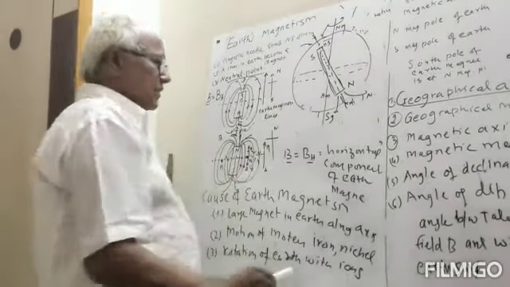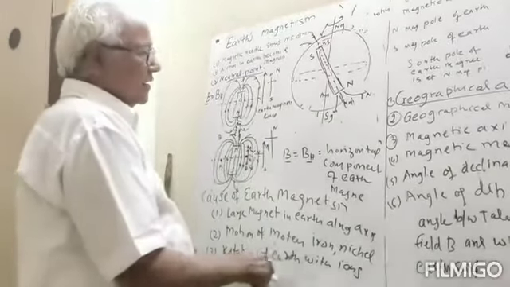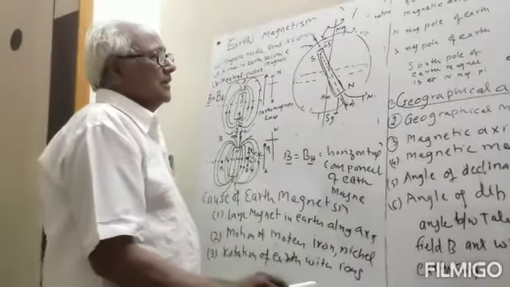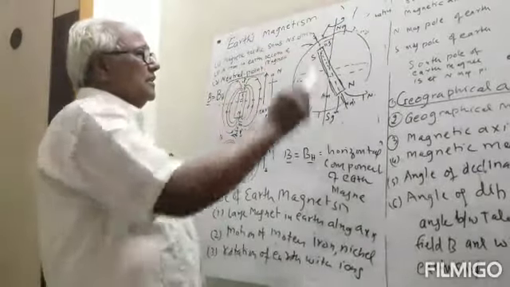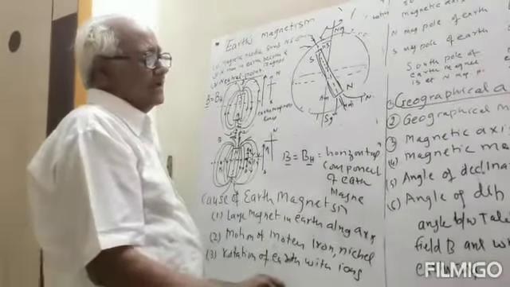This theory was given. Now, one more theory is given that our earth is there, and around it is an atmosphere, and cosmic rays are coming from the sun.